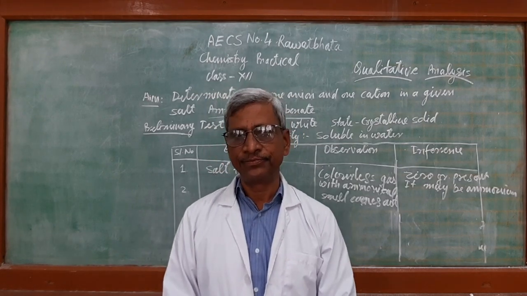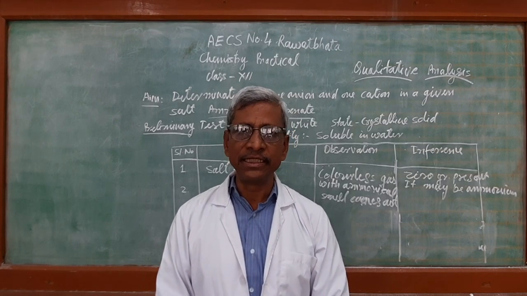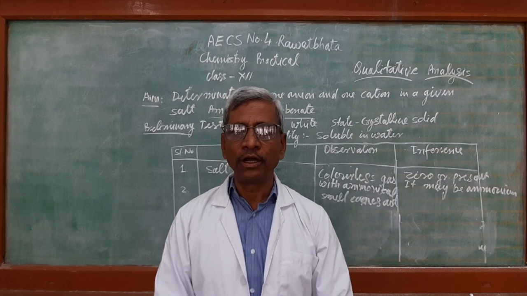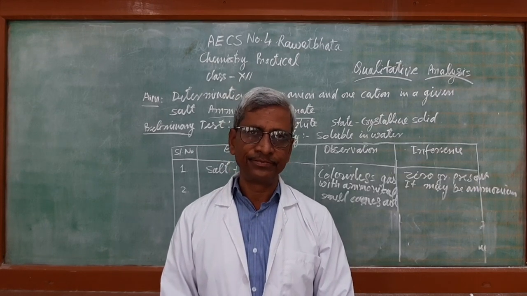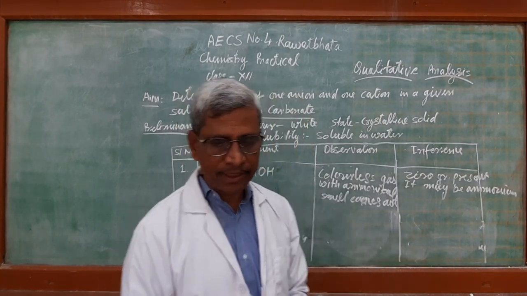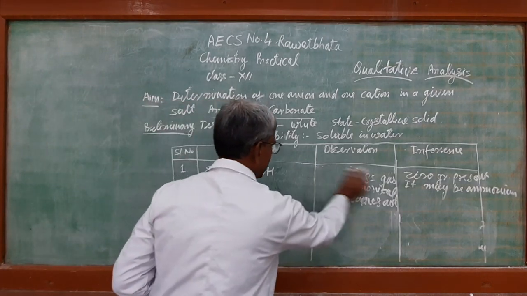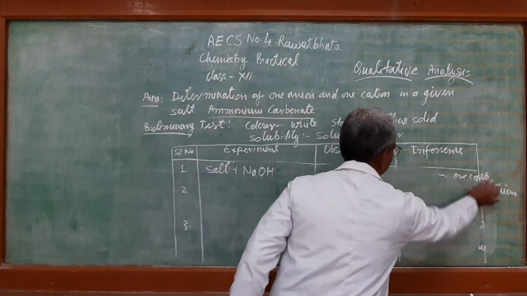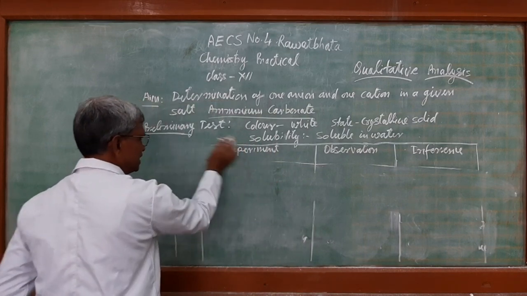With Nessler's reagent, a brown precipitate appears. This indicates the presence of ammonium ion. In this way, ammonium is confirmed. So, we have analyzed the cation as well as the anion in the salt, with the help of these experiments.